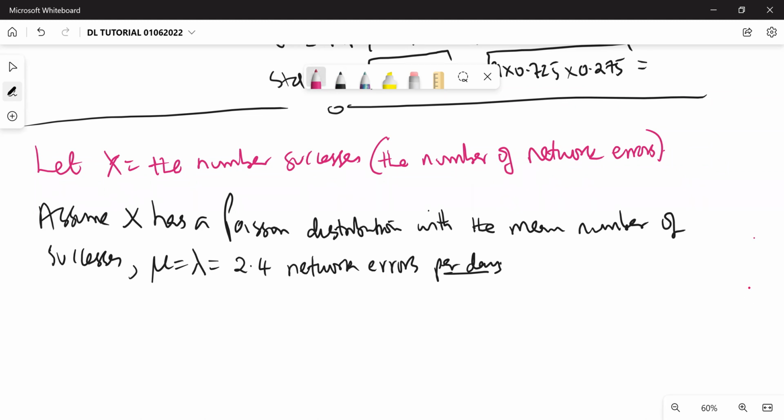So the questions are, Roman 1, the probability that no errors are observed in a given day. So we're talking about when X is equal to 0. Remember the formula is e raised to power minus lambda, then lambda power x divided by x factorial.